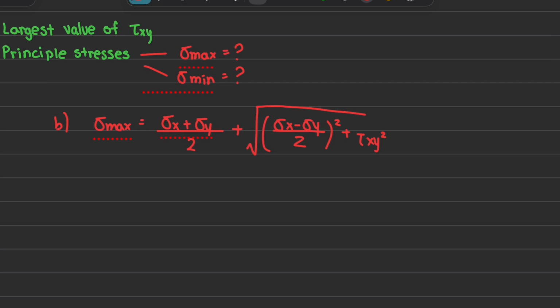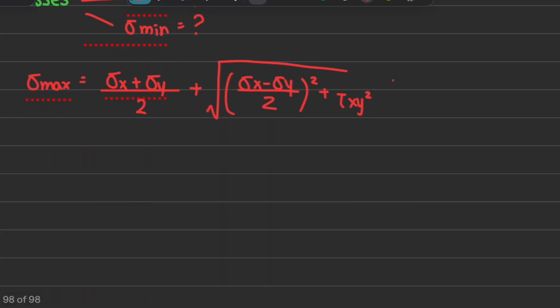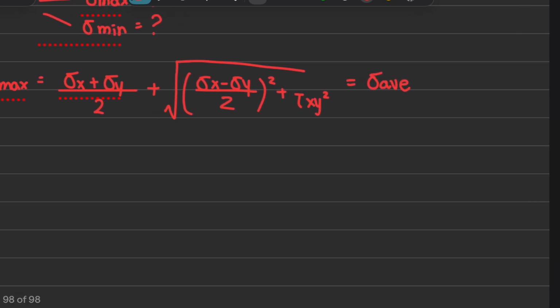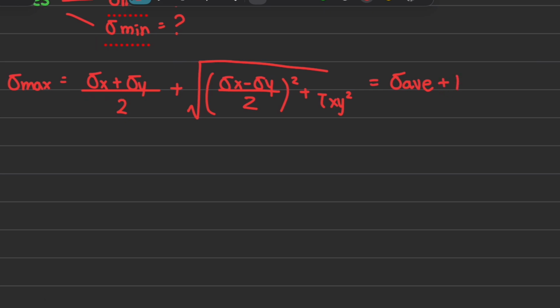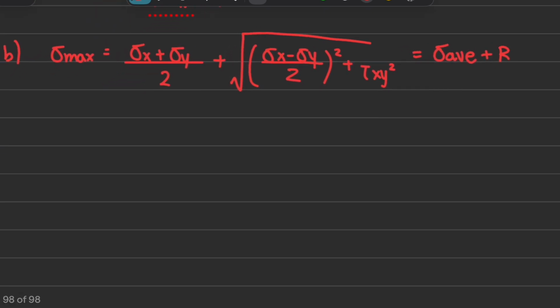That's kind of ugly, I'm sorry. And we can summarize this by writing it as the average normal stress plus the radius. So we don't have to write all of that.